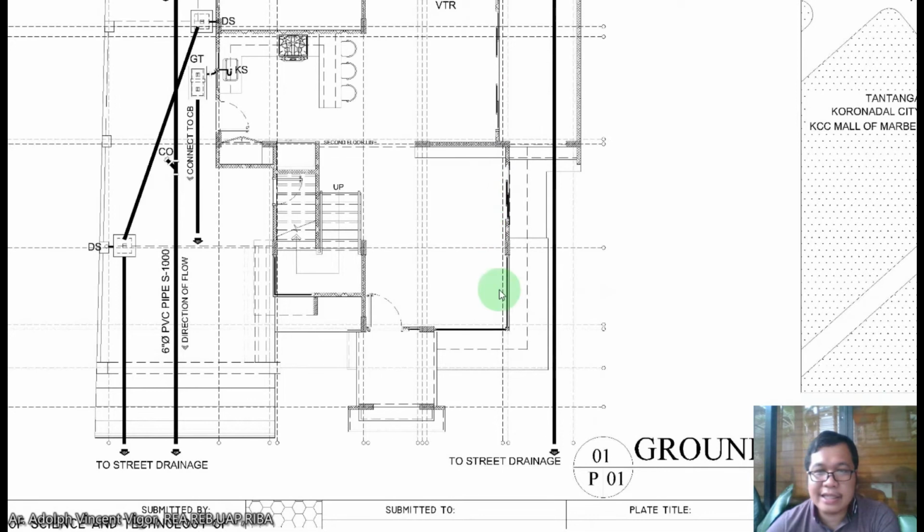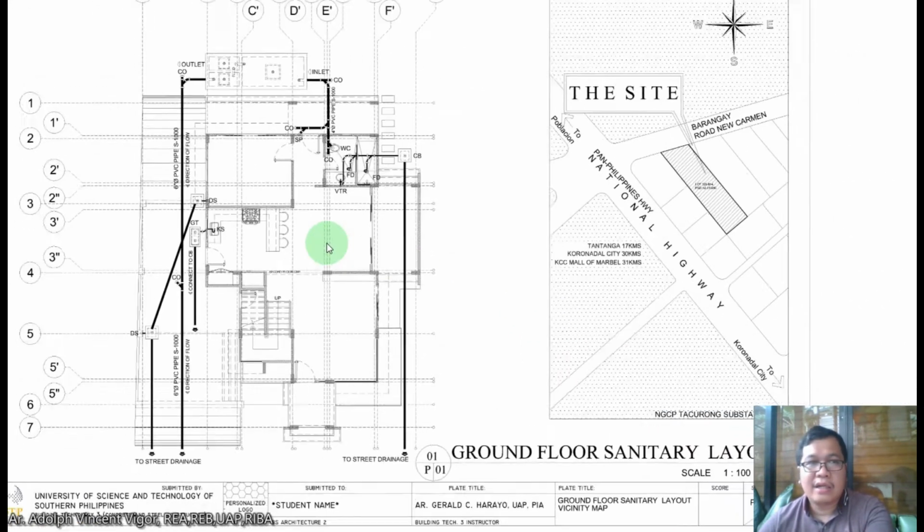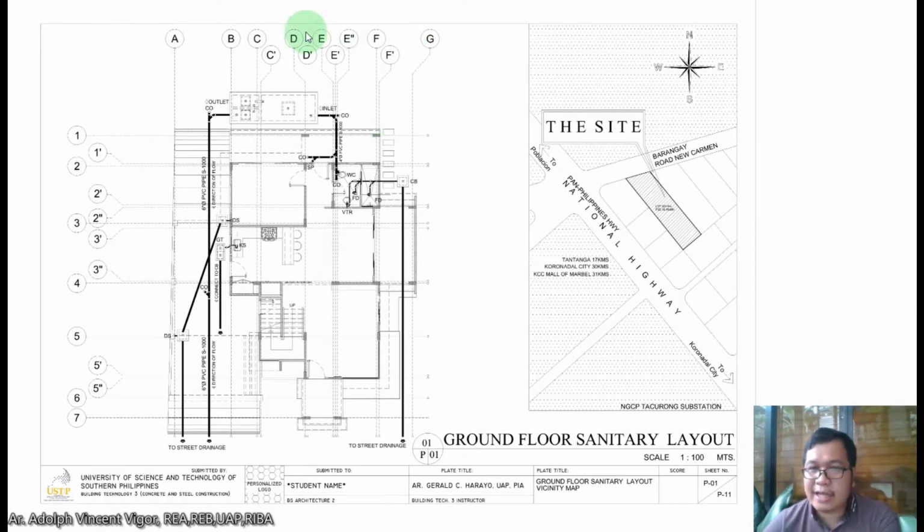As you can see, class, the way this plan is drawn, you can directly see the sanitary systems. They are much more emphasized, and the planning of the building is much thinner.